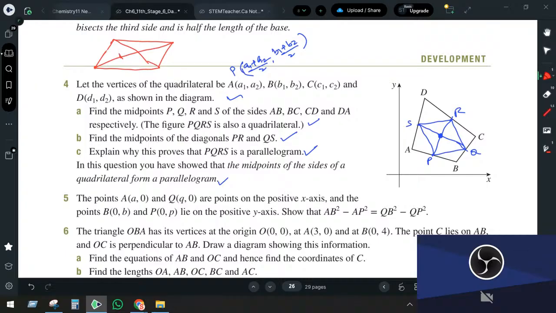Means this line must be equal to this. This line must be equal to this. If the midpoint is the same, means the midpoints of PQ. The midpoints of PQ means you got PQRS. Its midpoint is this, means this length is equal to this. Its midpoint is this, means this is equal to this.